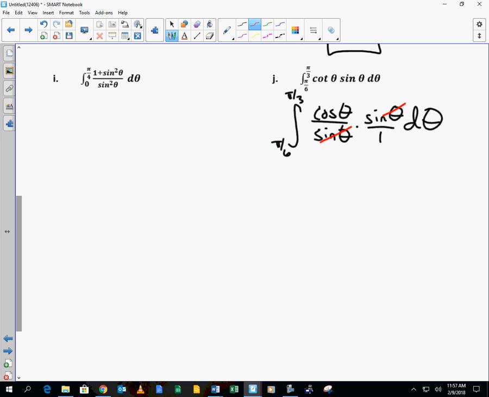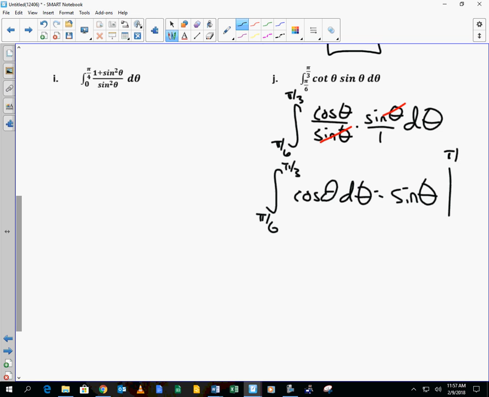Signs cancel. Very good. The antiderivative of cosine is sine of theta, and we're going to evaluate it at pi over 3 and pi over 6.